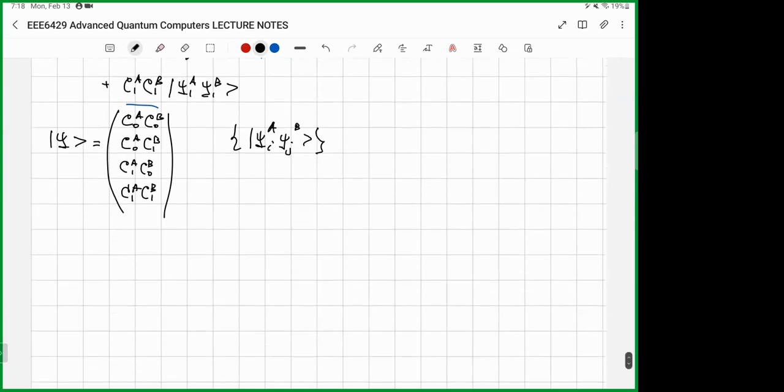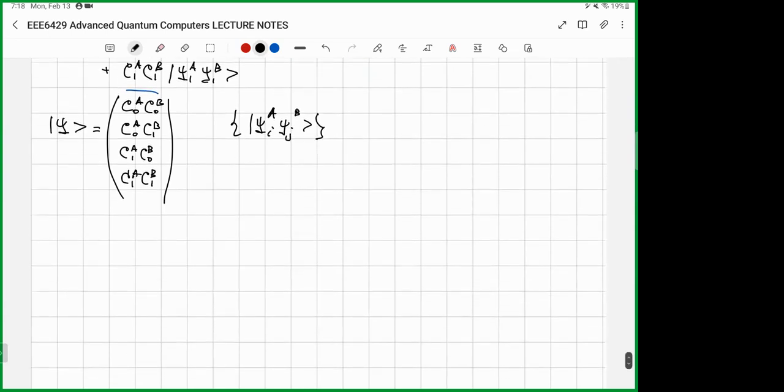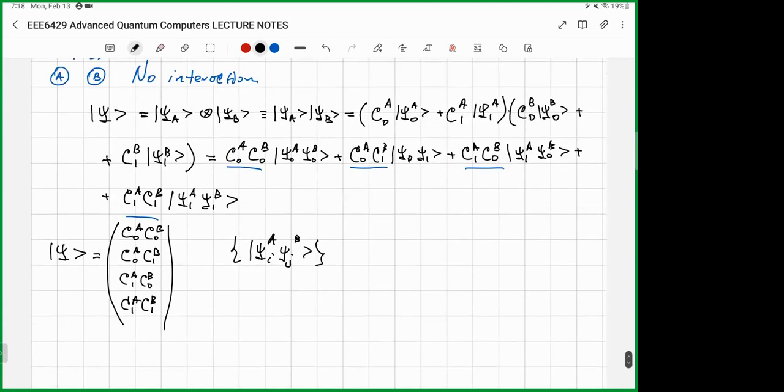But this is about when we have no interaction. What is the difference between no interaction and a system with interaction? When I have no interaction, I can write the state in this separable, or separated, form: one state of one system, another state of another system, and their product.